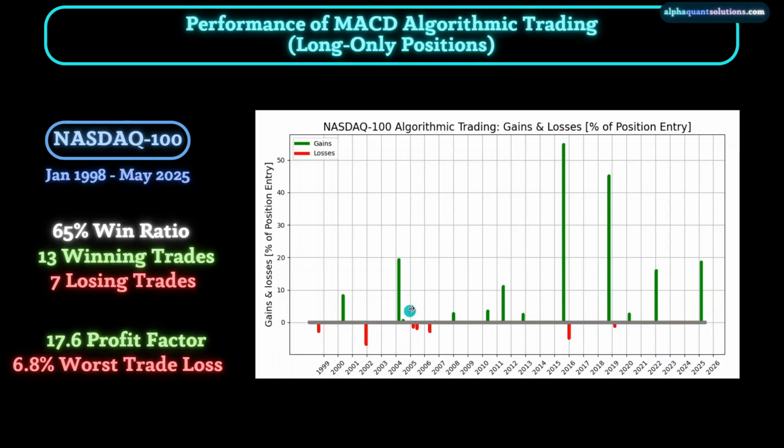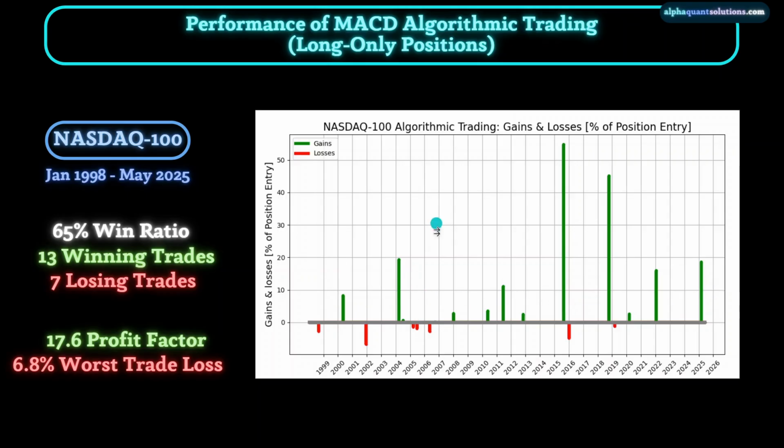And then the height of the bar indicates in percentage how much we gained or lost of the entry position. So remember, we just buy and hold the index, and then when we close the trade, we compare the price of the index at close time to the entry point. So you see very asymmetric payoffs already.